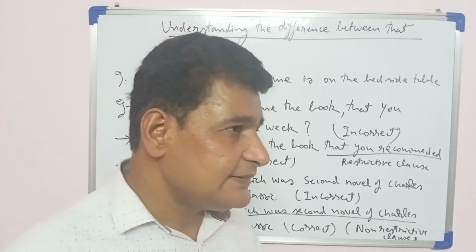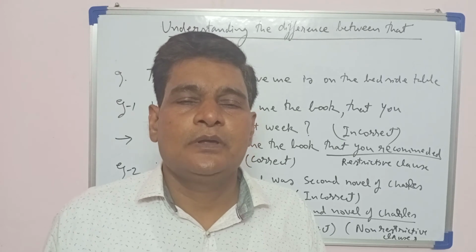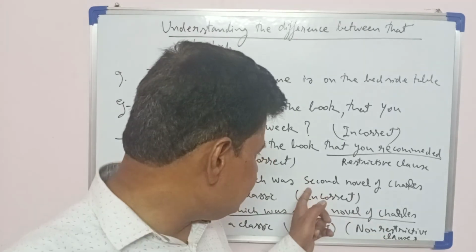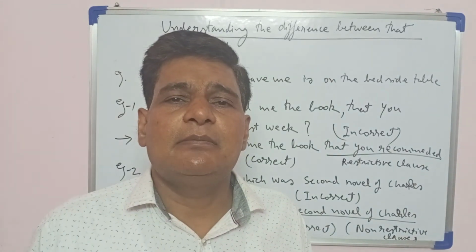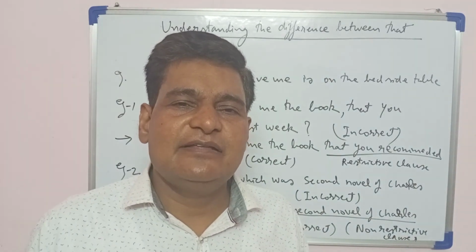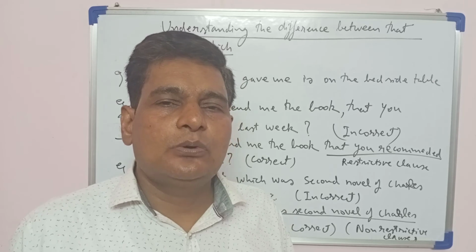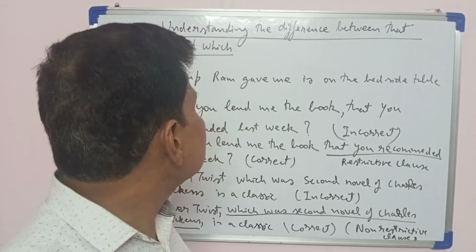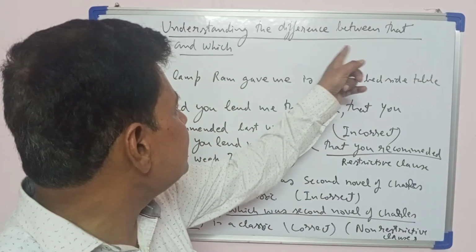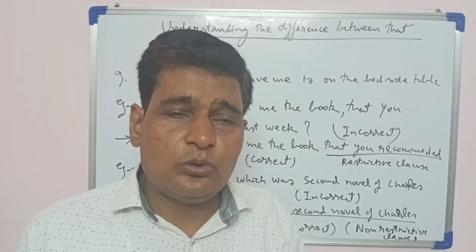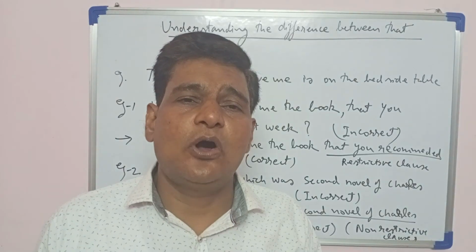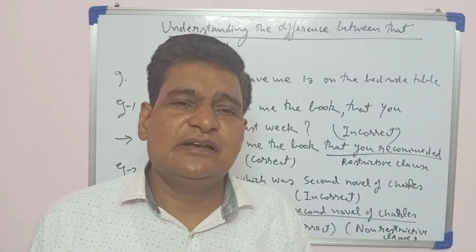Another difference is that which will always be preceded by a comma, and that will never be preceded by a comma. So that is another difference. So I hope you have understood the difference between the use of that and which, how these are used, and how these can make the sentence wrong or correct.